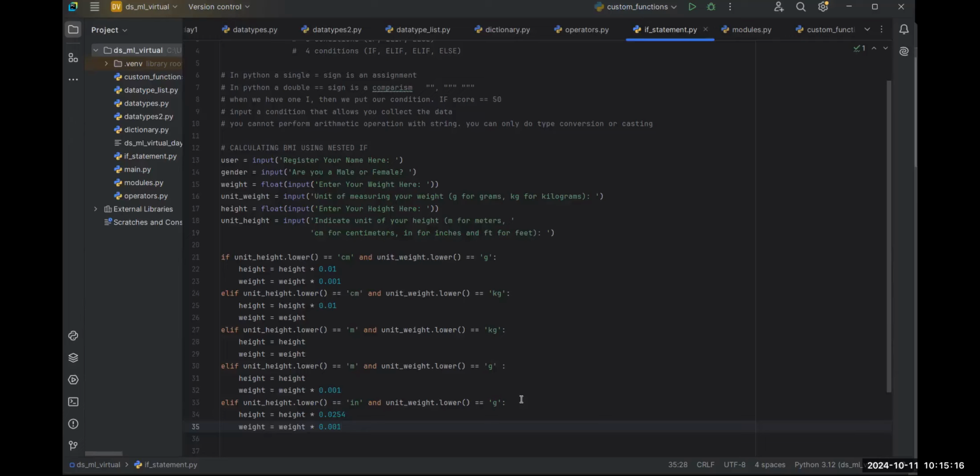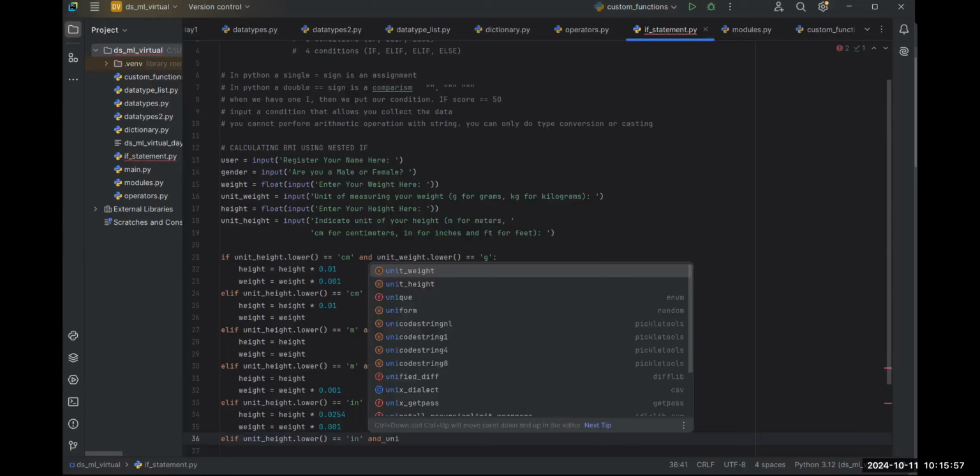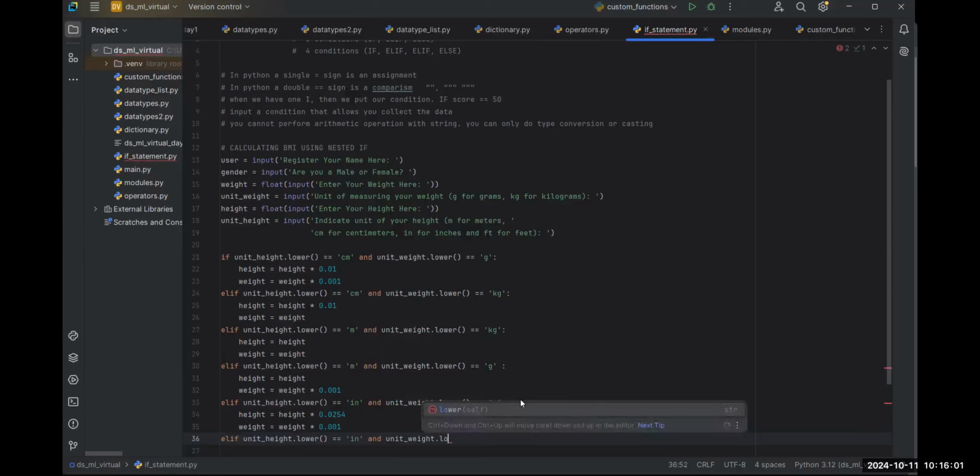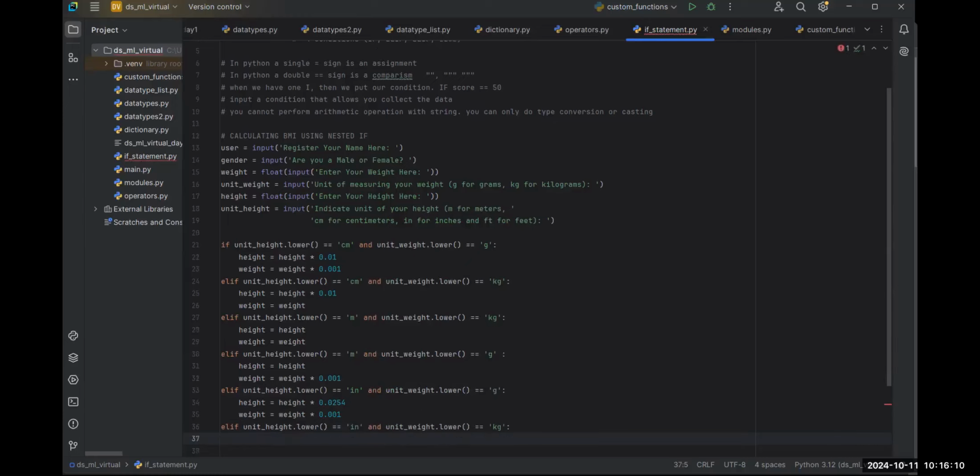Now, the next one, kilogram, lower, okay? Unit height dot lower. We are converting inches to kilogram, right? Inches, and unit weight dot lower, kilogram, kg. What should happen?